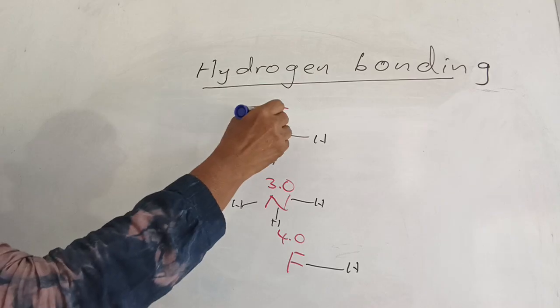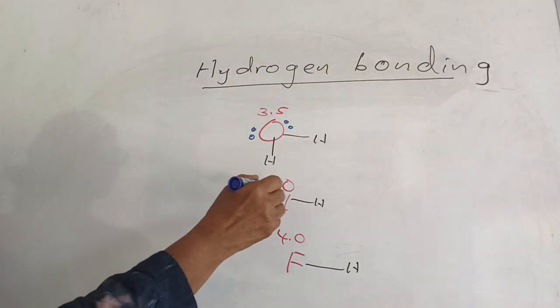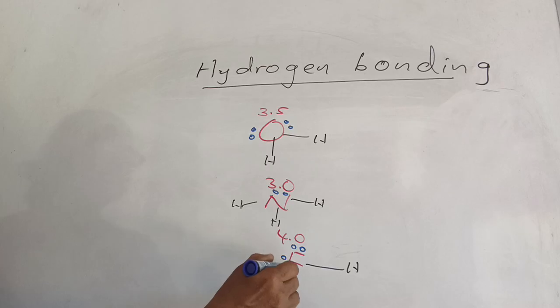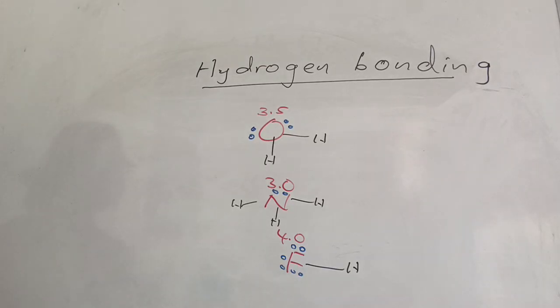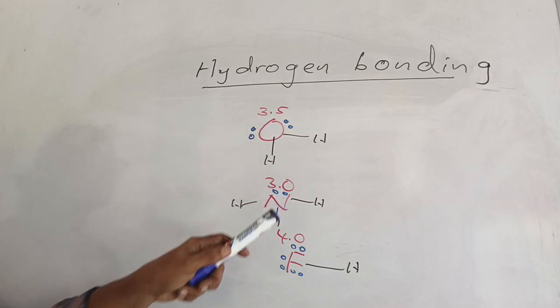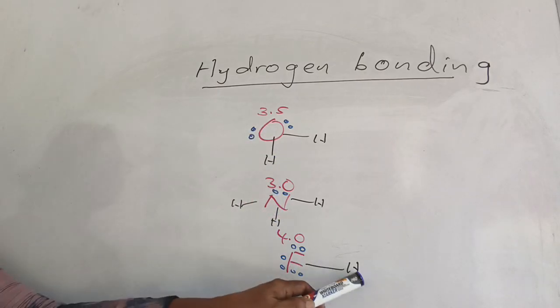The oxygen atom contains two lone pairs of electrons, nitrogen has only one, but fluorine has three lone pairs of electrons.